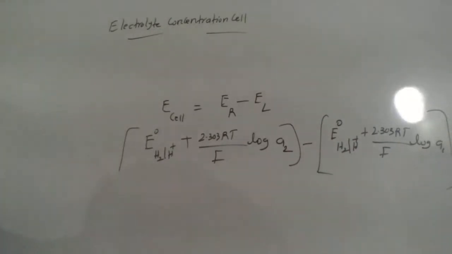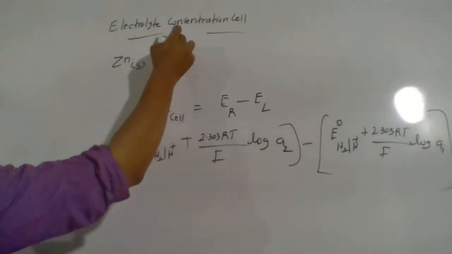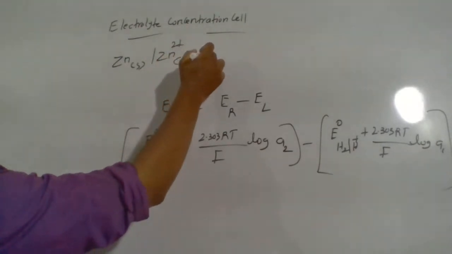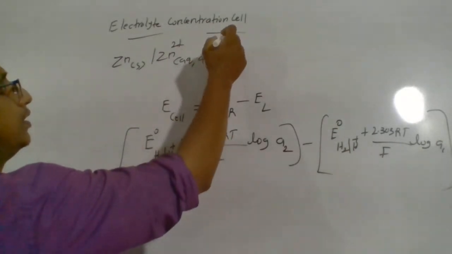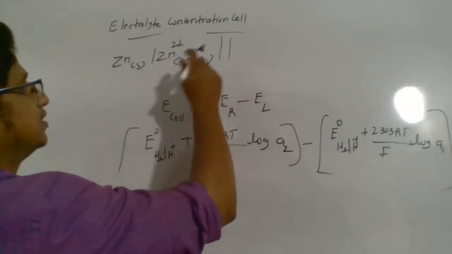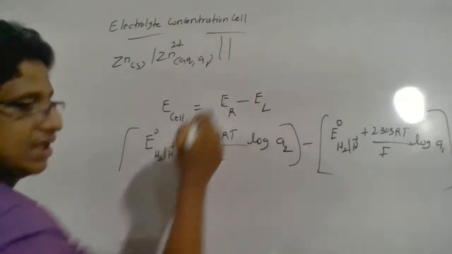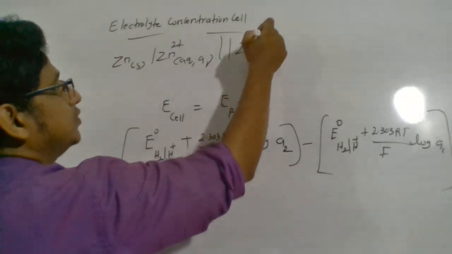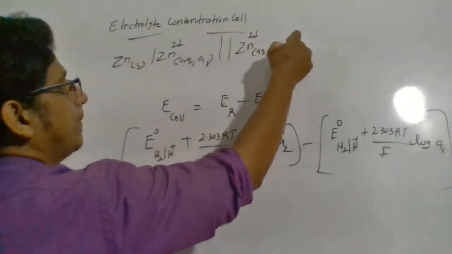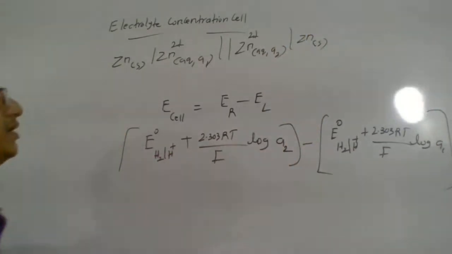So let it be zinc solid, Zn2 plus aqueous A1, dipped in electrolytes, zinc sulfate or something, separated by a salt bridge, then Zn2 plus aqueous A2, bar Zn. So a similar type of electrolyte concentration cell.